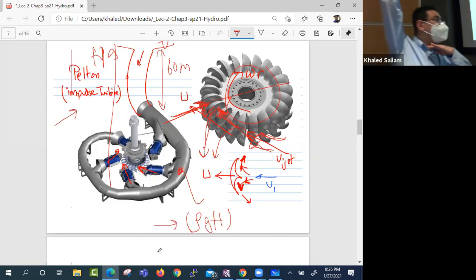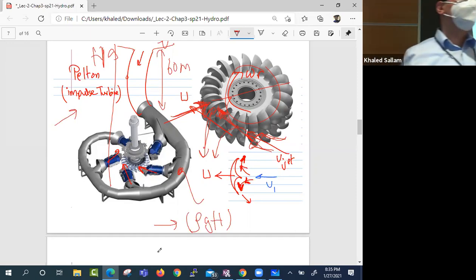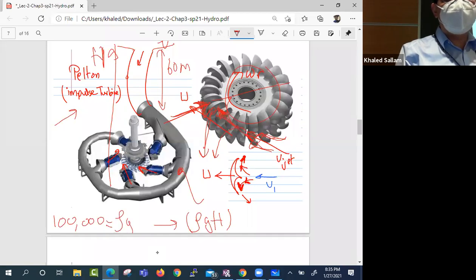You have this liquid on top of you, the pressure at the bottom will be rho g H. Right? That's why, what is the pressure in this room right now? 100,000 Pascal. Where did this come from? Rho g H.